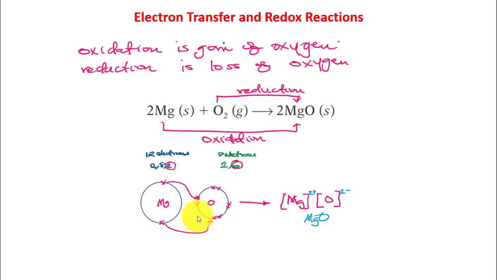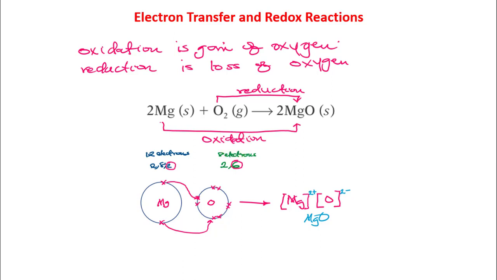It has to transfer electrons to oxygen in order for it to undergo oxidation, or in order for magnesium to be oxidized, it has to transfer 2 electrons to oxygen, or we can say it has to lose 2 electrons to oxygen. So we can link oxidation to losing of electrons.